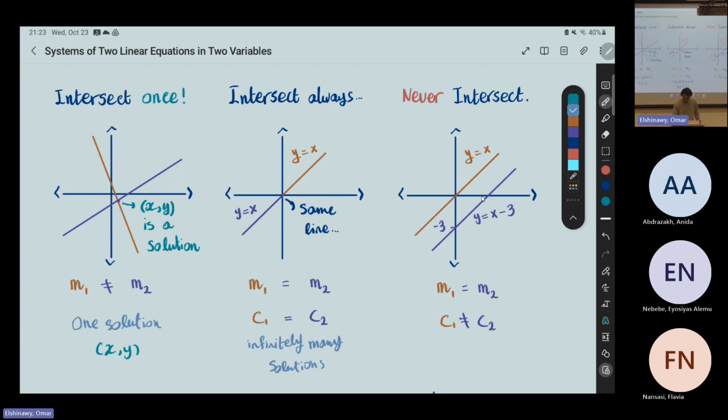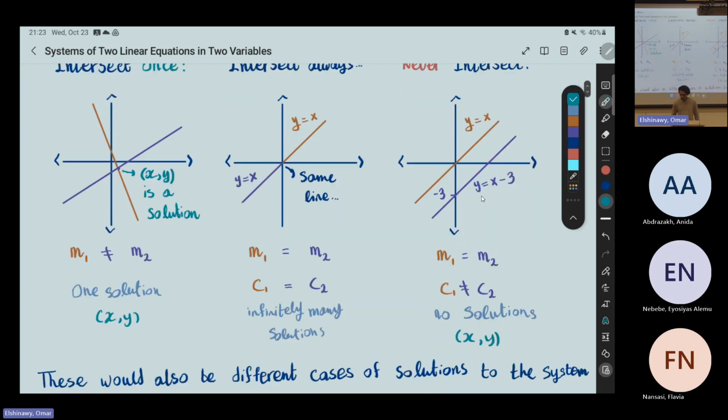And finally, if they never intersect, then there are no solutions. By solutions, again, we mean X and Y that satisfy both equations. Graphically, you can see there are no X and Y that satisfy both of these equations, and therefore we can conclude that the system is unsolvable.